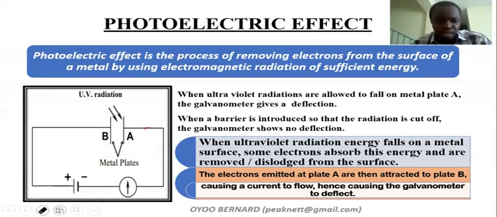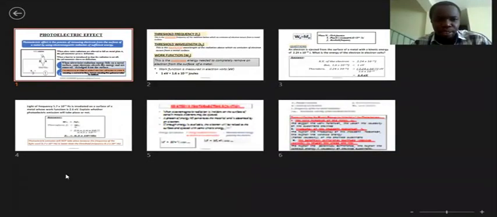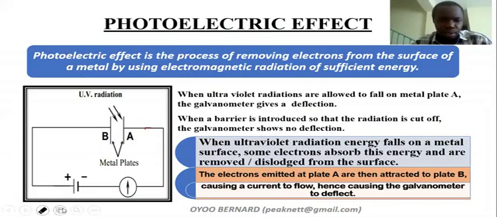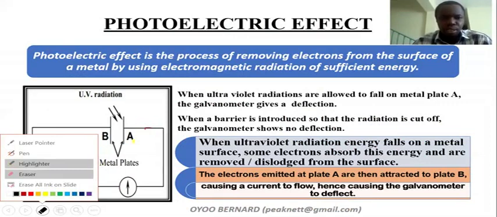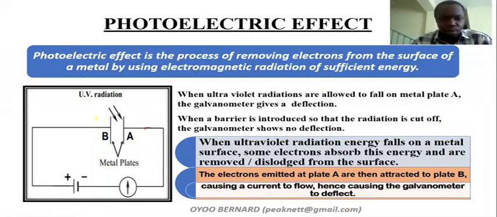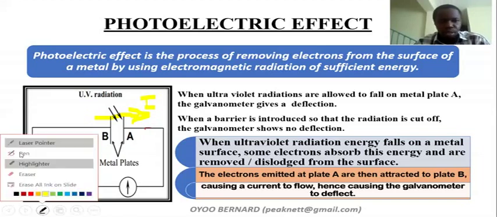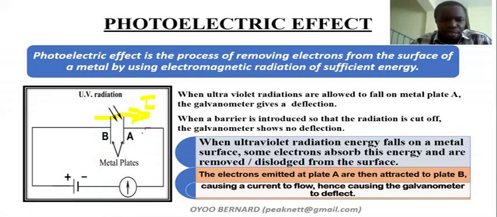So the current will flow in that direction. That is for current. I'm using a highlighter instead of a pen, so let me just get a pen. Then electrons are moving in that direction.